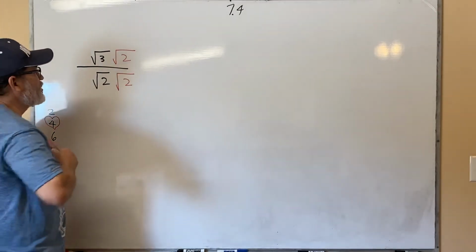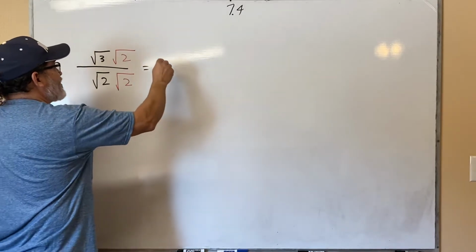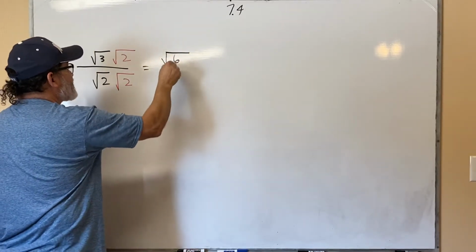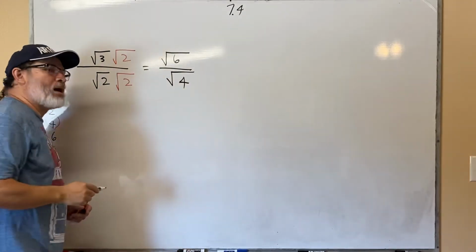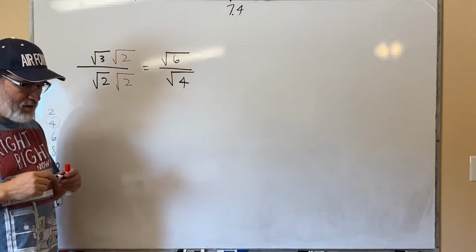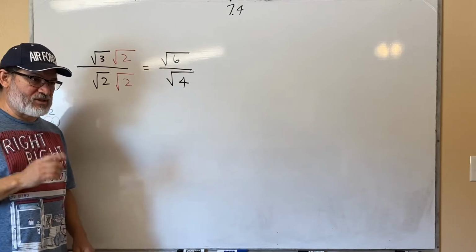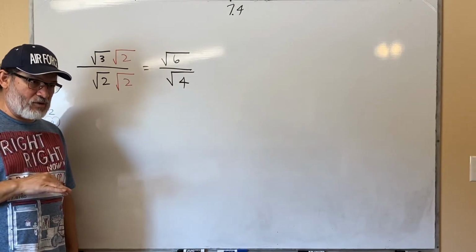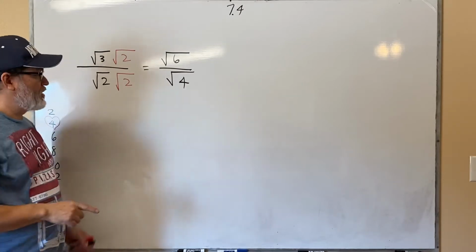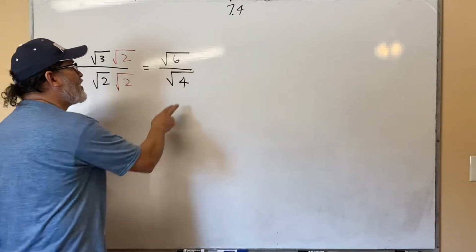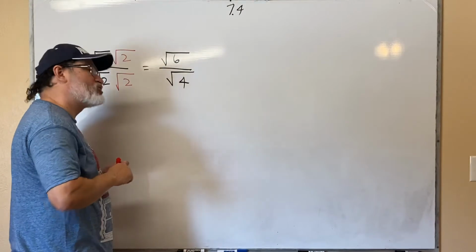So now this becomes the square root of 6 divided by the square root of 4, and I love that 4. Remember, we said no radicals in the denominator. So what is the square root of 4? 2.